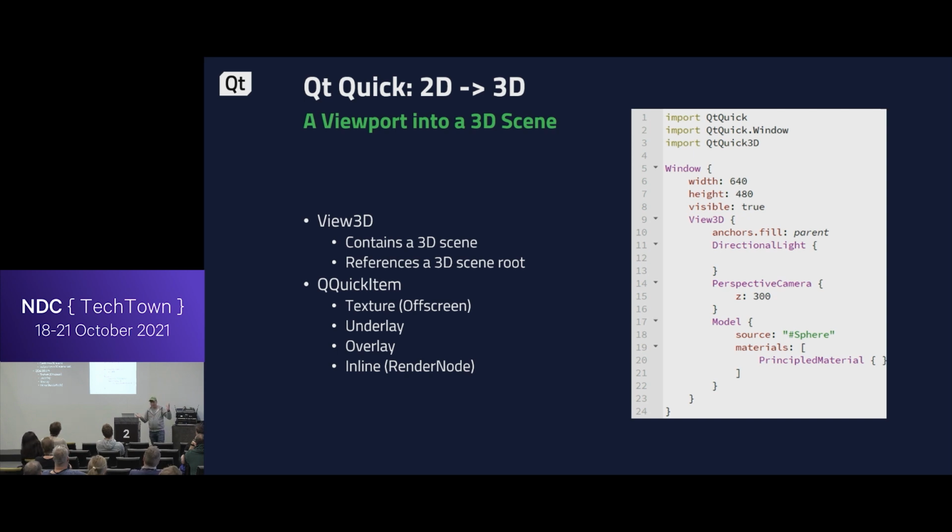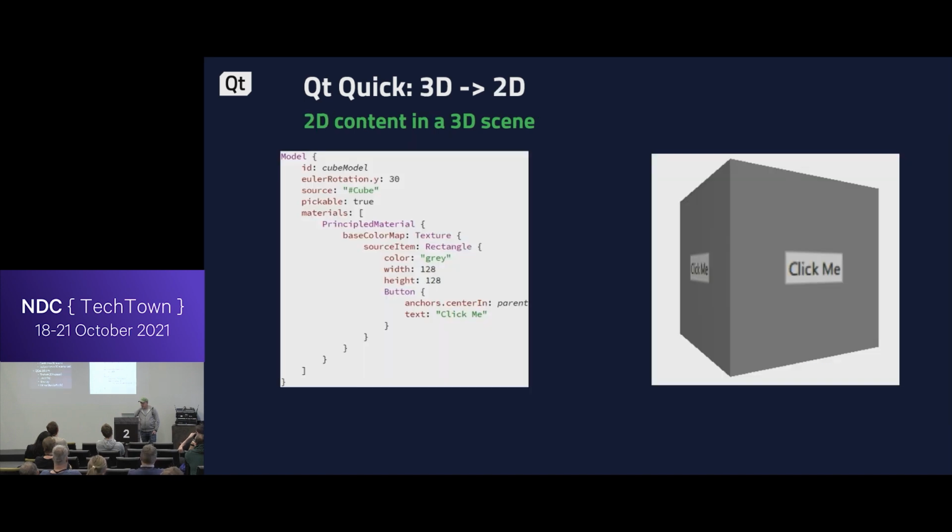It's a 2D item that contains or views a 3D scene. The children of the View3D are the scene. So it has a directional light, a perspective camera, and a model, and that would just show you a sphere that's lit in 3D. So this is your transition from 2D into 3D, and that is, I guess, the first thing that you need to know.